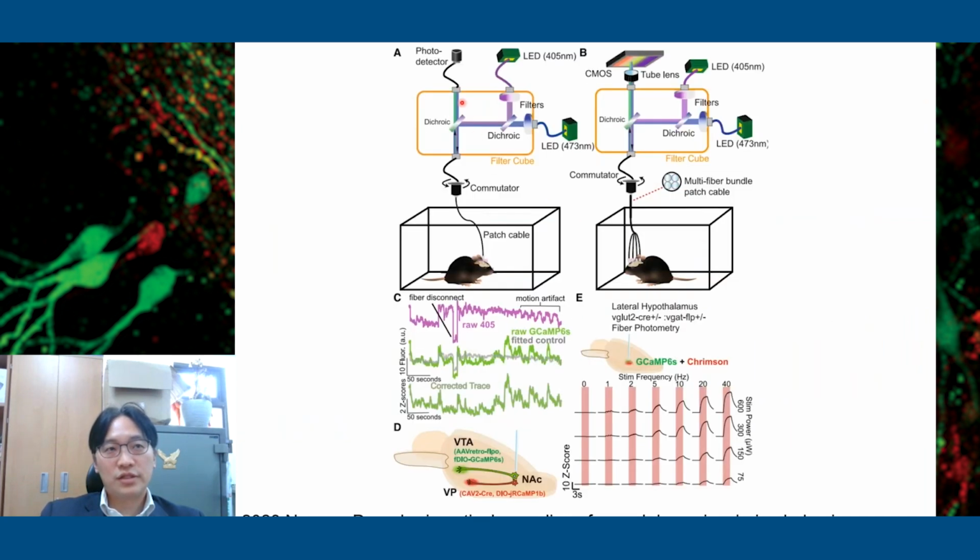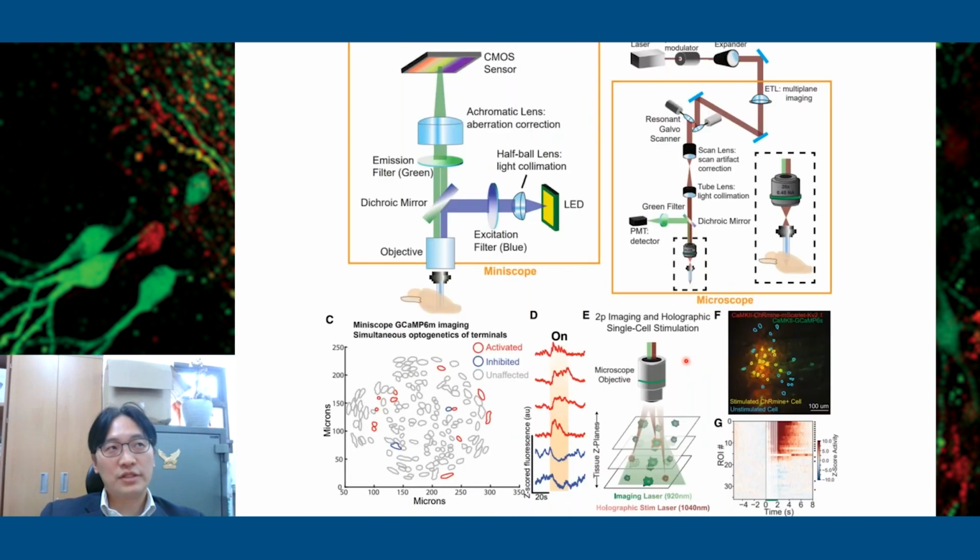Yeah, and this is the general design of the optical path for the photometry. So we can do multi-photometry too. And you can use this technique with two colors, or you can combine with the crimson optogenetics and do stimulation and the photometry at the same time. And this is the miniscope.